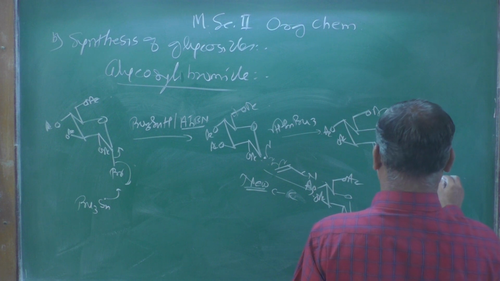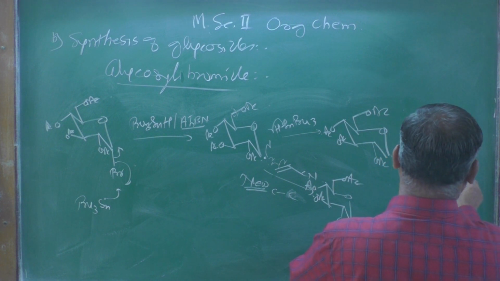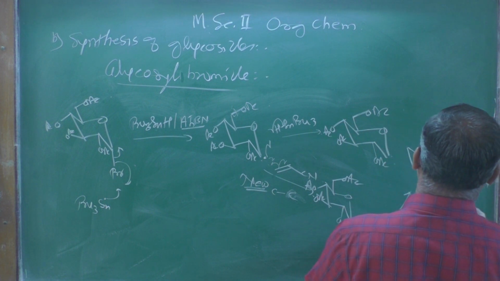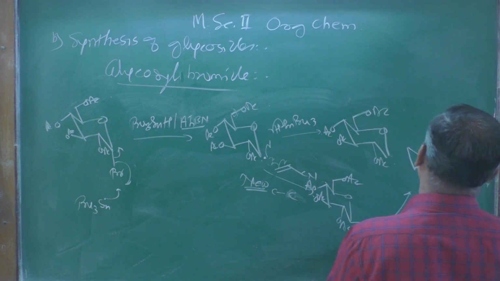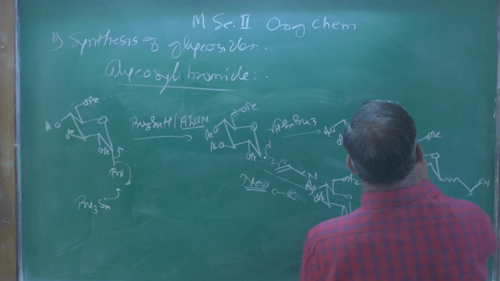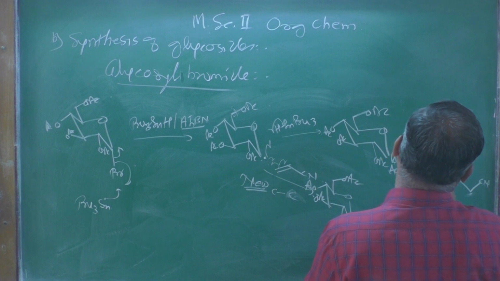So here we don't know this one, CN, because whether it is above or below, stereochemistry we cannot assign. OAc, then OAc over here, OAc, and here also OAc.